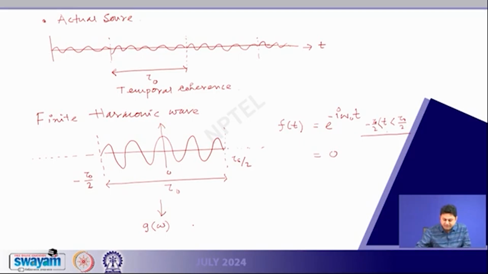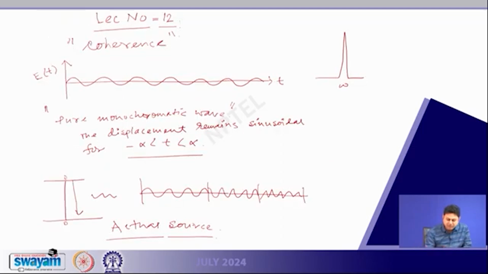You may note that in the previous case, when a wave is moving infinitely without any phase distortion, that is, a definite phase relationship is there, the corresponding frequency of the wave that is coming is a very precise one.